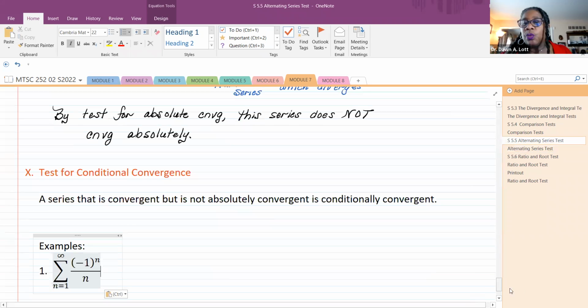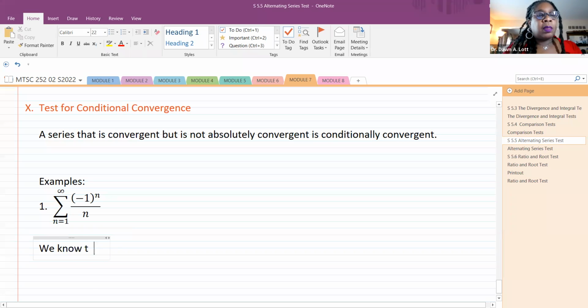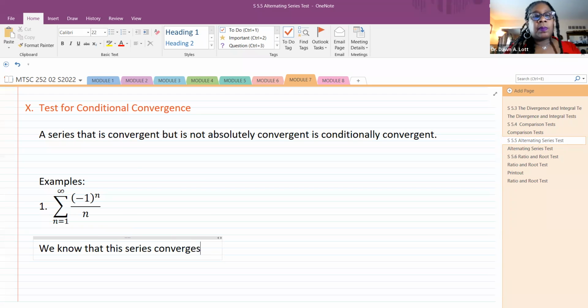And so what do we know from this series? Okay, so we know this series converges by the alternating series test.